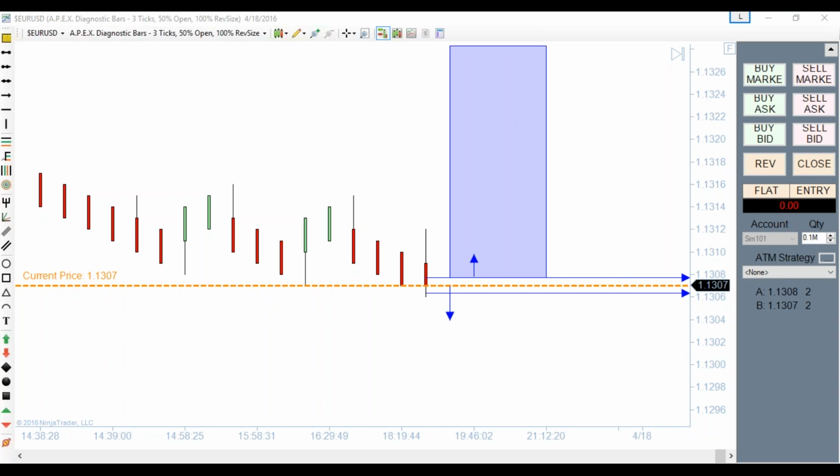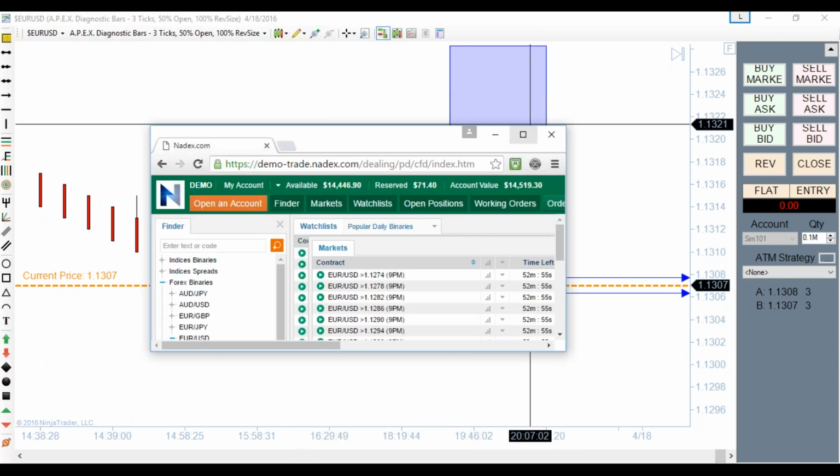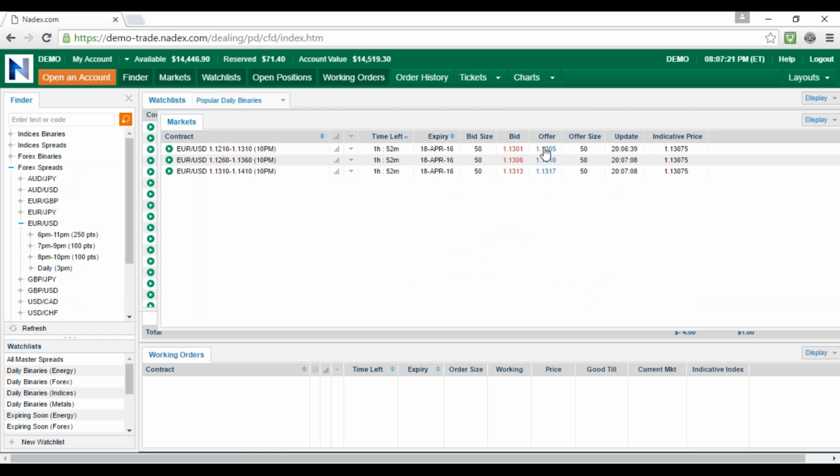Can I buy a spread at any price, or must it be the price that's on the chart? It must be the price that's listed as available. Olympio, when you go in here to, say, Forex spreads, euro dollar spreads, you've got these that are 6 to 11, 7 to 9, 8 to 10. If you click the 8 to 10s, it lets you know right there what you can buy them at. And you can see each spread is priced a little differently.